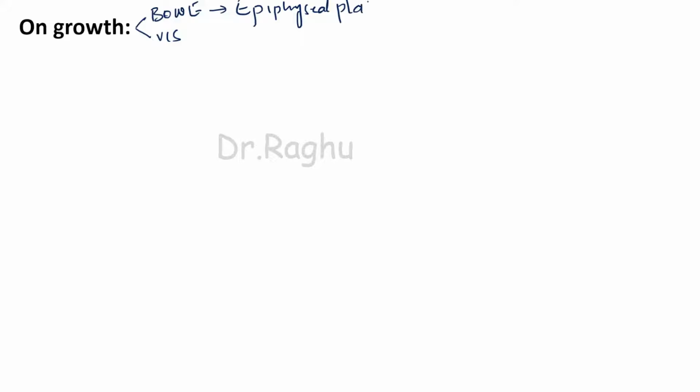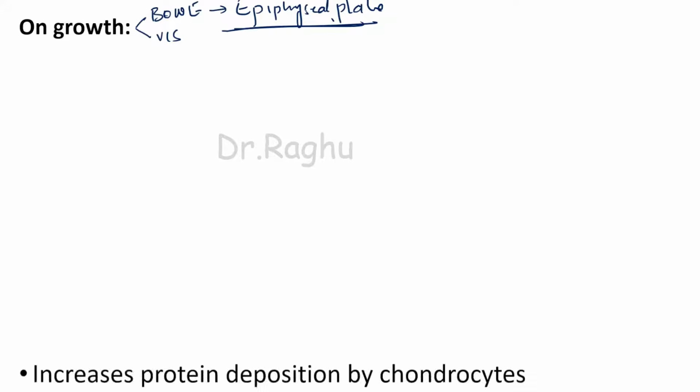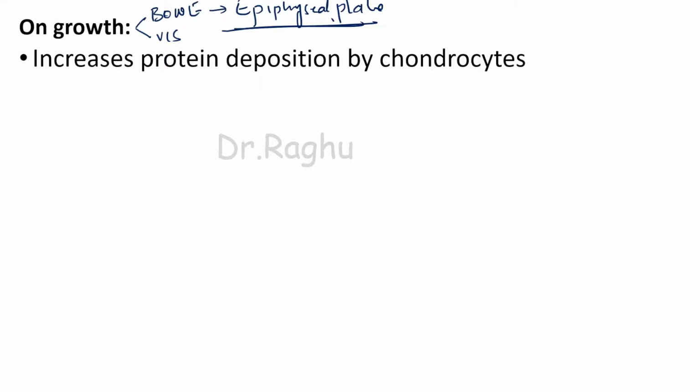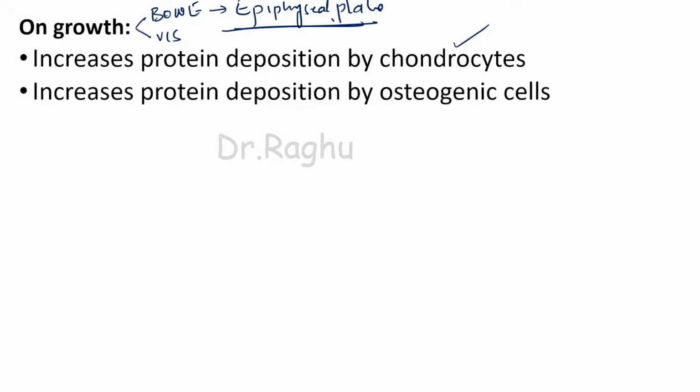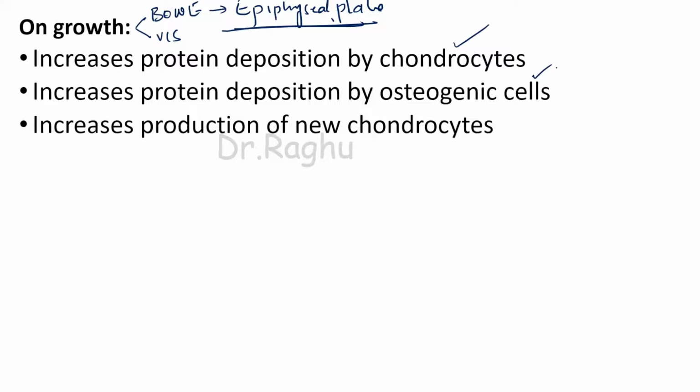So, what is it that they are going to do at the level of the epiphyseal plate? They are going to increase the protein deposition, which is caused by the chondrocytes. They are also going to increase protein deposition by the osteogenic cells. Okay, then they are going to increase the production of new chondrocytes. This is called chondrogenesis.